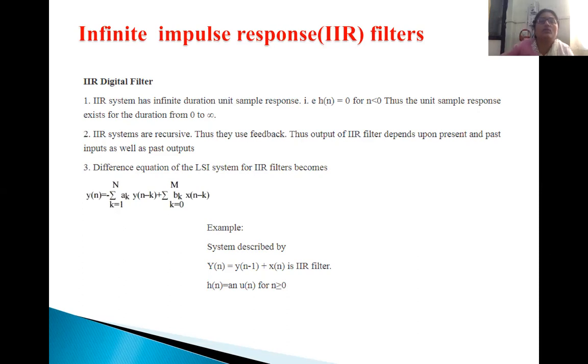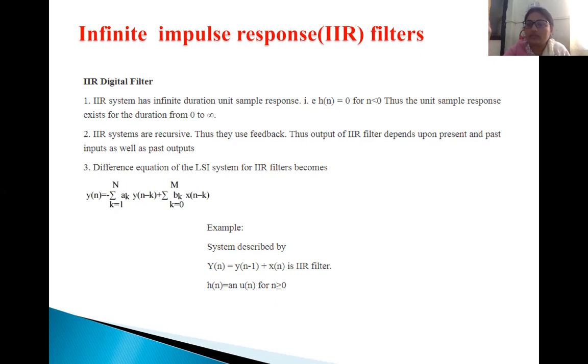Okay, the FIR system we studied earlier is non-recursive because it depends only upon the present input and past samples of the input. Now we will be talking about the IIR system. What I have told is that IIR systems are recursive. What does recursive mean? It means that the system makes use of feedback.